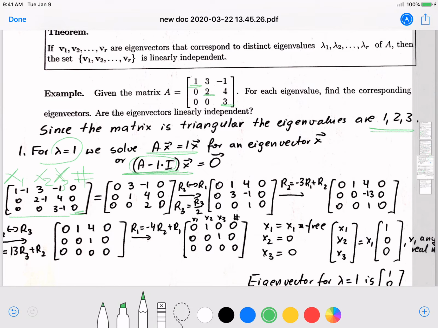If we simplify, we get this matrix, then we need to use row operations to reduce to reduced echelon form. I would like to have 1 in the first position, so if I switch the rows, I'm going to get this matrix and keep performing row operations.